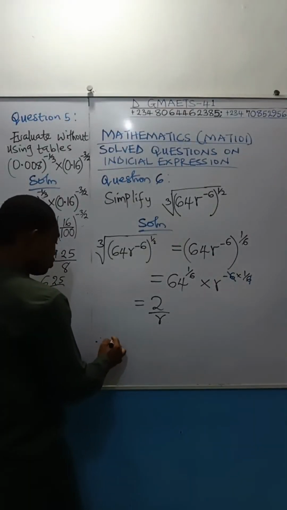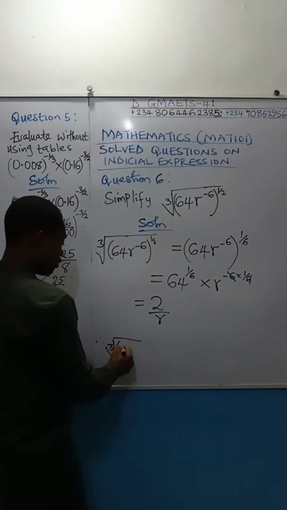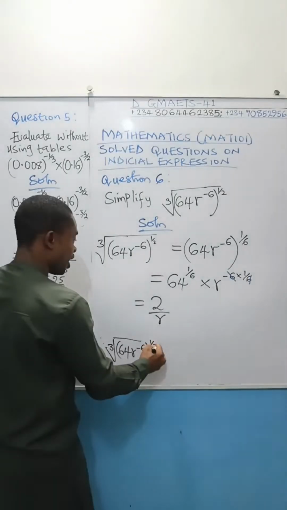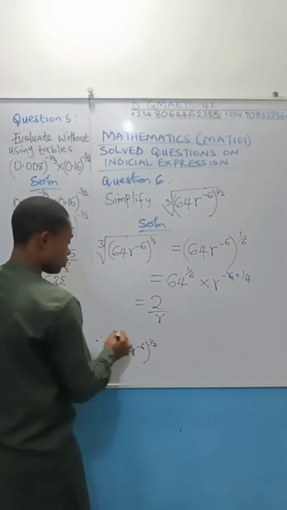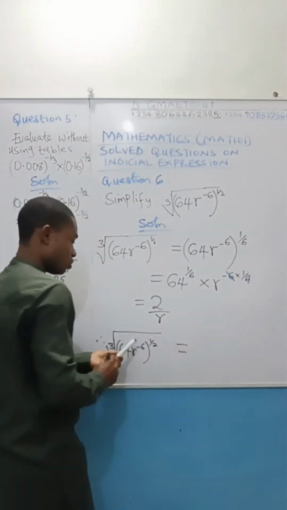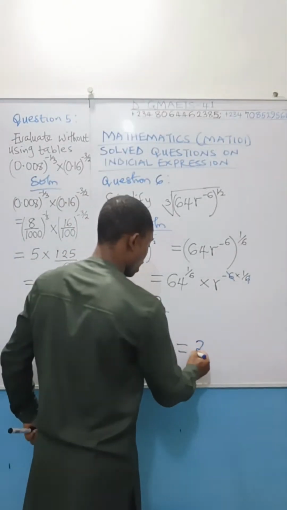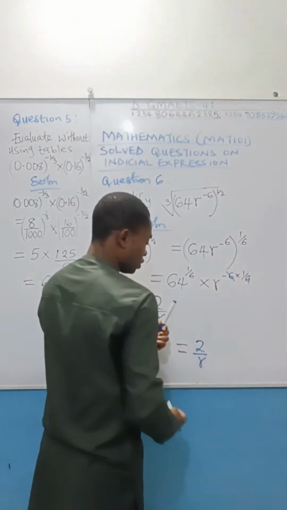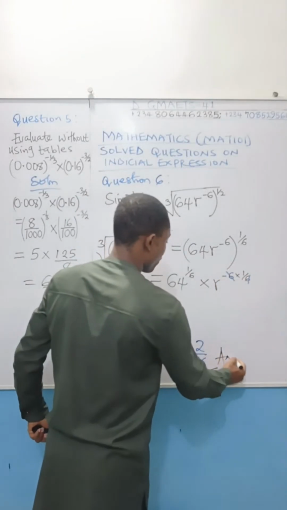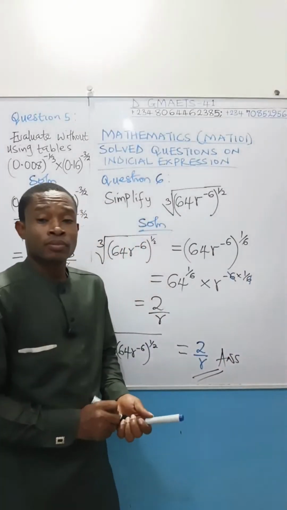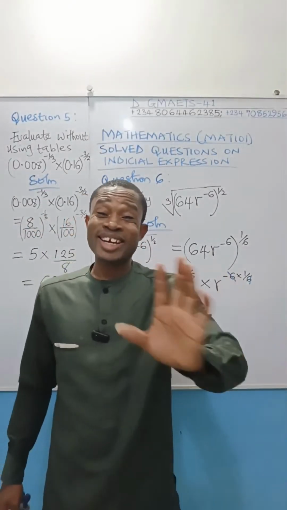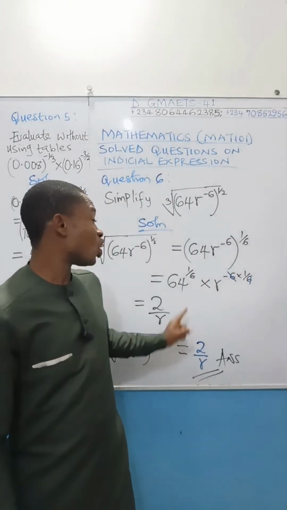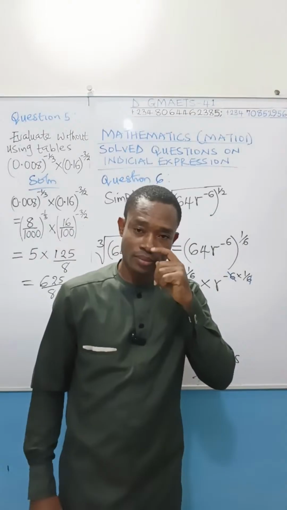Therefore, the cube root of 64r to the power of minus 6 raised to power half is equal to 2 over r, or simply 2r raised to power minus 1. But let the option decide for you how to present the final answer. But of course, if it is a theory question directly, this is how your examiner will prefer the answer to be, not 2r raised to power minus 1.